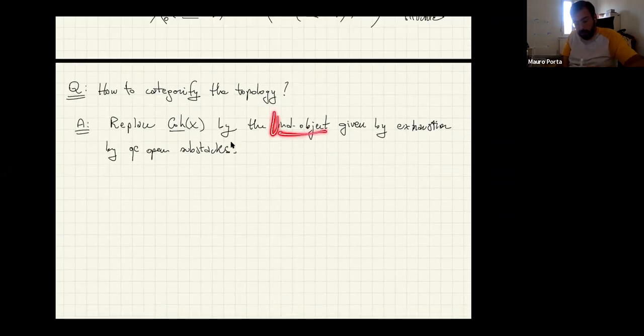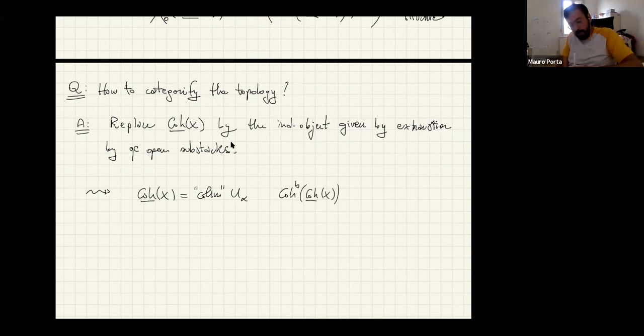pretty useful. But then, of course, we want to look at, instead of, so we had Coh, we write it as a colimit of some open exhaustion of U alpha, and then Coh b of Coh will be replaced by the limit of Coh b of U alpha.